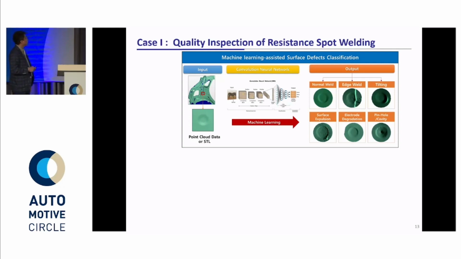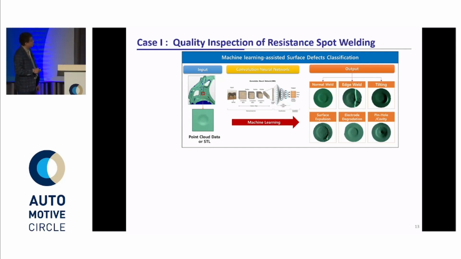We can use a convolutional neural network, and for this development, we used more than 7,000 weld surface geometries. We did all the labeling for each of them, and we did all the training for the convolutional neural network. It came out with quite good classification.